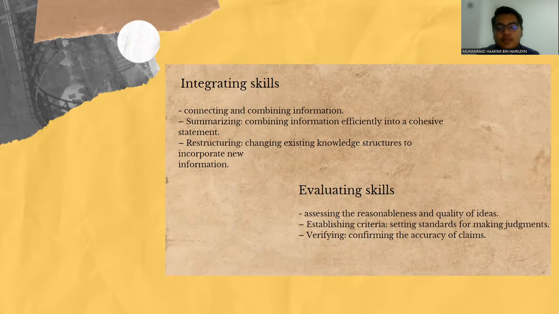And the last point is evaluating skills, by assessing the reasonableness and quality of ideas. By establishing criteria, we set standards for making judgments. And the last one is verifying, by confirming the accuracy of claims.